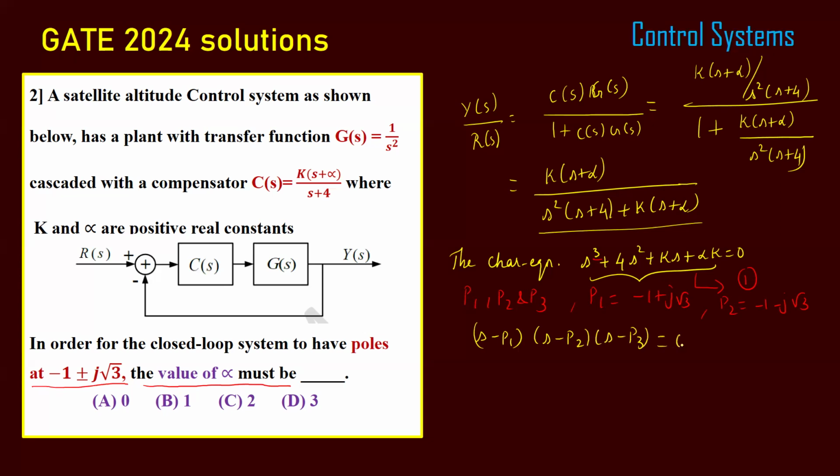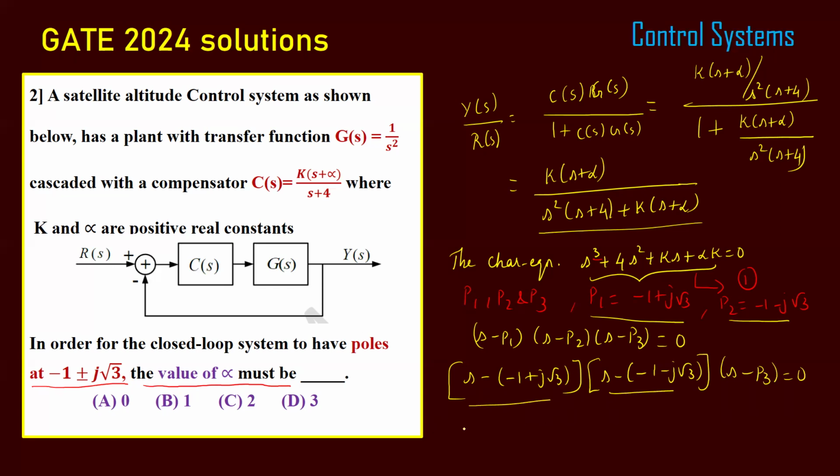Substituting P1 and P2, we get (s minus of minus 1 plus j root 3)(s minus of minus 1 minus j root 3)(s minus P3) equal to 0. Multiplying the first two, this becomes (s square plus 2s plus 4)(s minus P3) equal to 0.